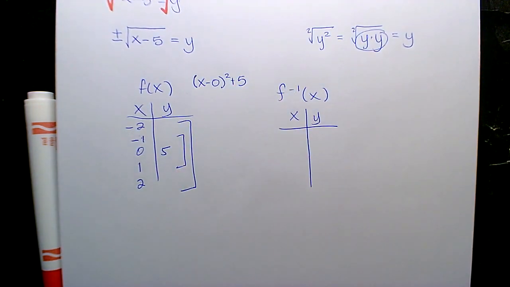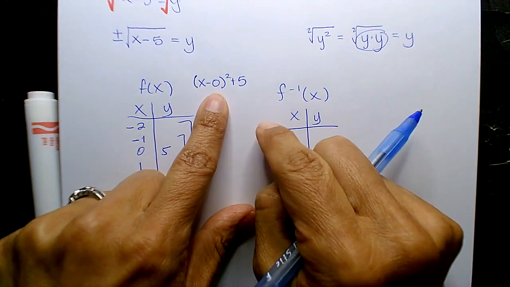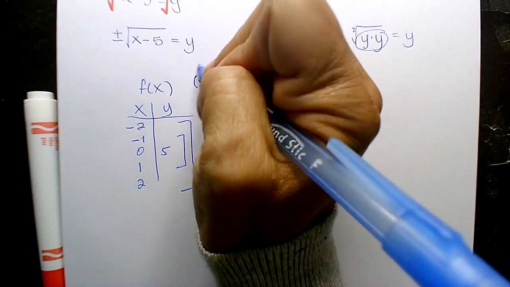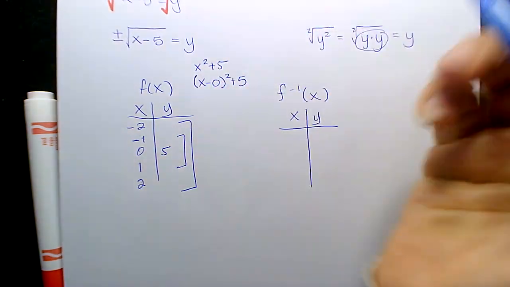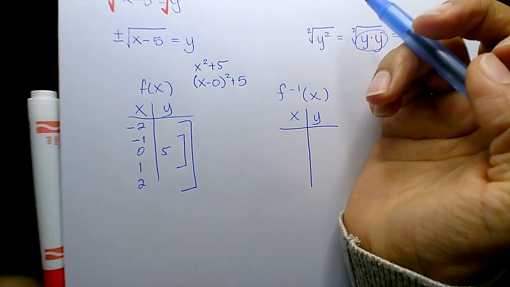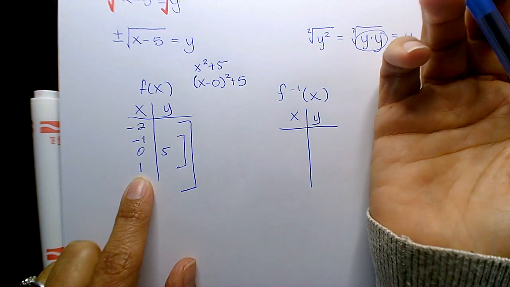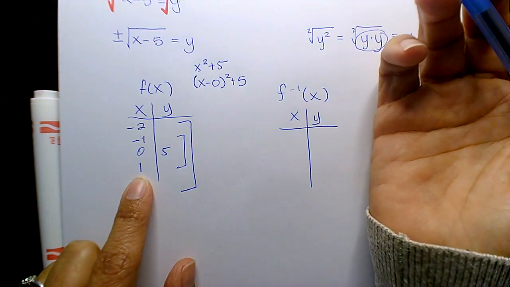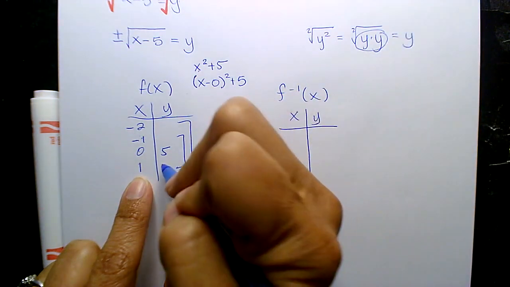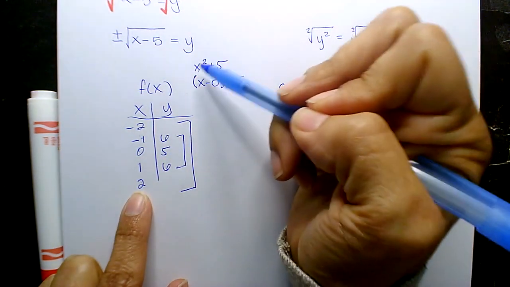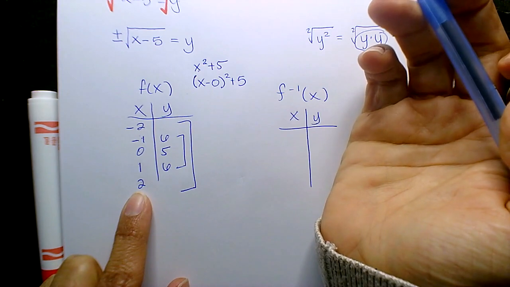You have to graph it. So you throw it in, but remember, okay, here I was being really excessive, but it's really just x squared plus 5. So if I throw in, here I'm just going to throw in the positives. What's 1 squared? 1. And then what's 1 plus 5? 6. Okay, plug in the 2. What's 2 squared?